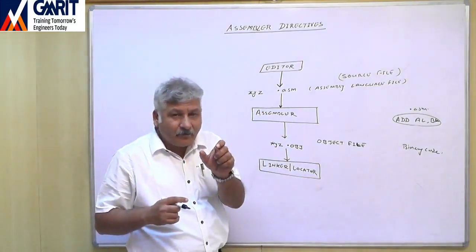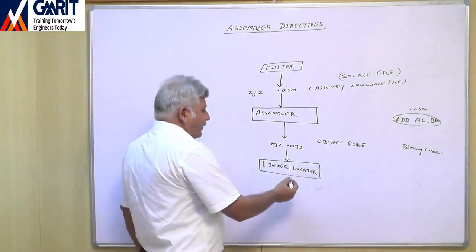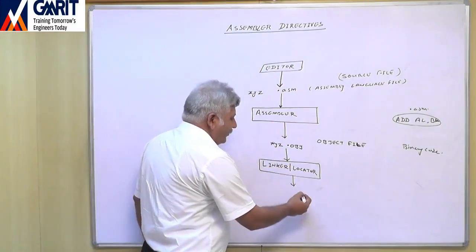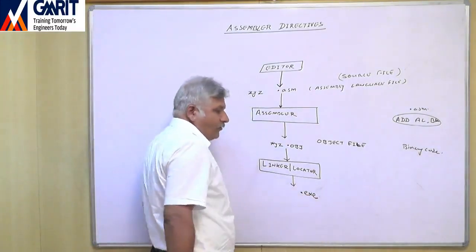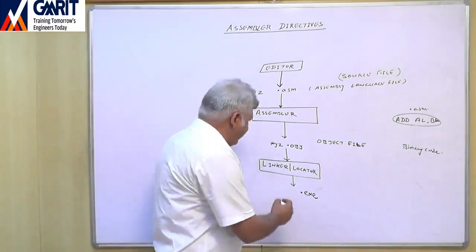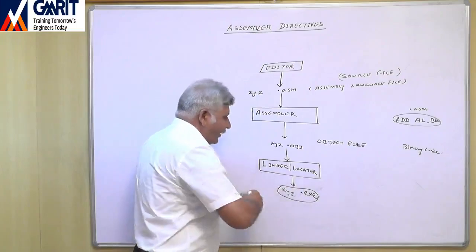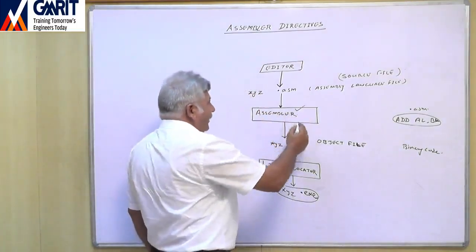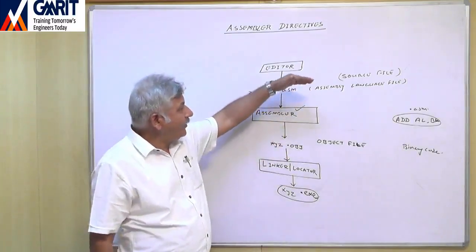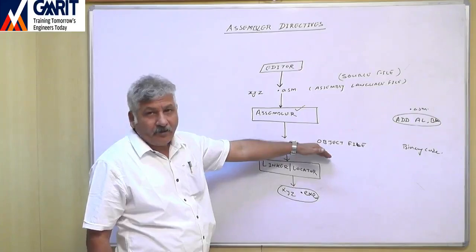The locator will assign the memory locations to our program, where exactly the program has to be written. And finally this linker and locator will generate an exe file, an executable file, and this file will be used to execute our program. So basically the purpose of the assembler is to convert our assembly level program into binary code.